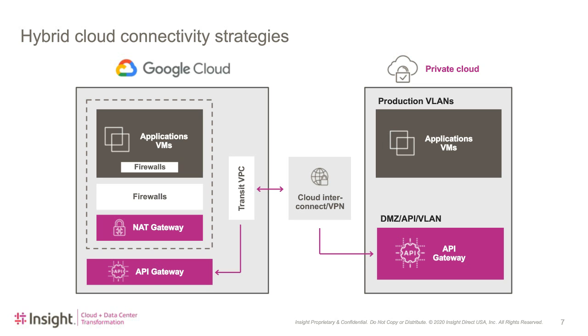But in that case, you have to consider things like not allowing Google workloads to talk to your on-prem directly, but at the same time, maybe your CI/CD or deployment processes have to work across the platforms. Your monitoring has to work across the platform. Your tooling has to work across the platform.